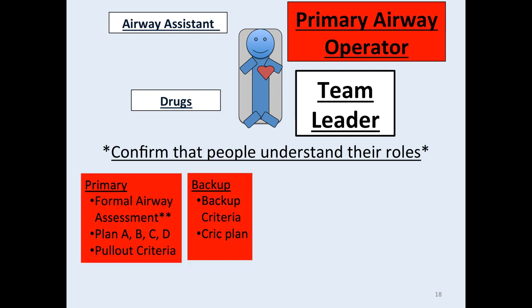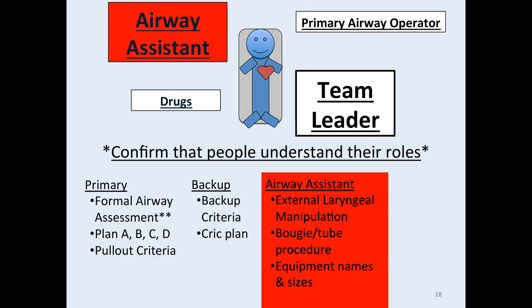So it's probably important for the team leader and the primary airway operator to have a good conversation and remind each other of the importance of a formal airway assessment, the vocalization and planning of a plan A, plan B, plan C, when you move from plan A to plan B, the pull-out criteria, who's going to back them up and what the criteria are going to be, and what the indications are when you're going to crike the patient. Oftentimes mentioning a surgical airway early in the course seems to straighten up the team a little bit.